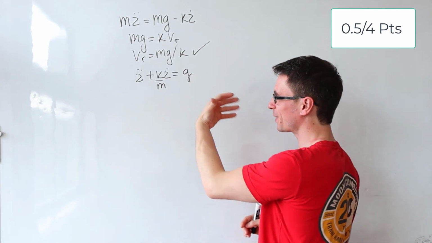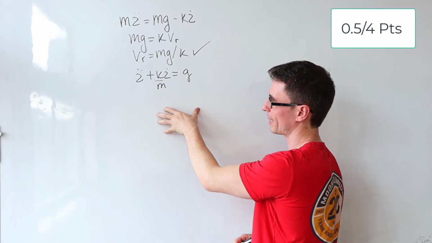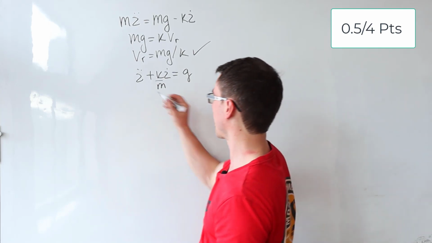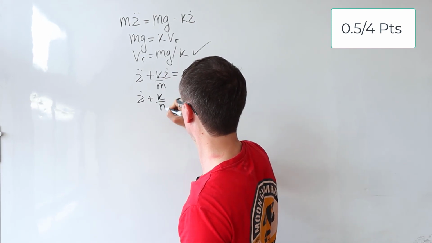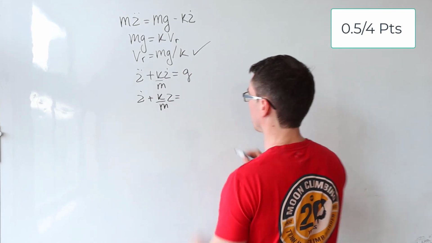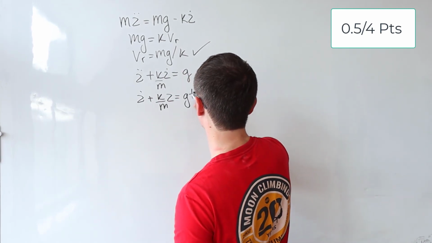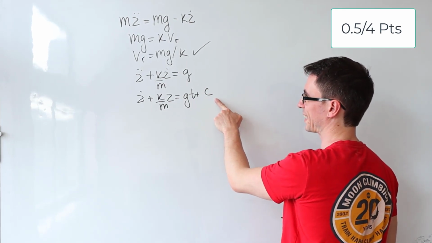We'll be solving this equation with an integrating factor, but first we're going to integrate both sides with respect to time. So we get z dot plus k over m z, and this will be equal to g t plus some constant, which I'm going to call c.